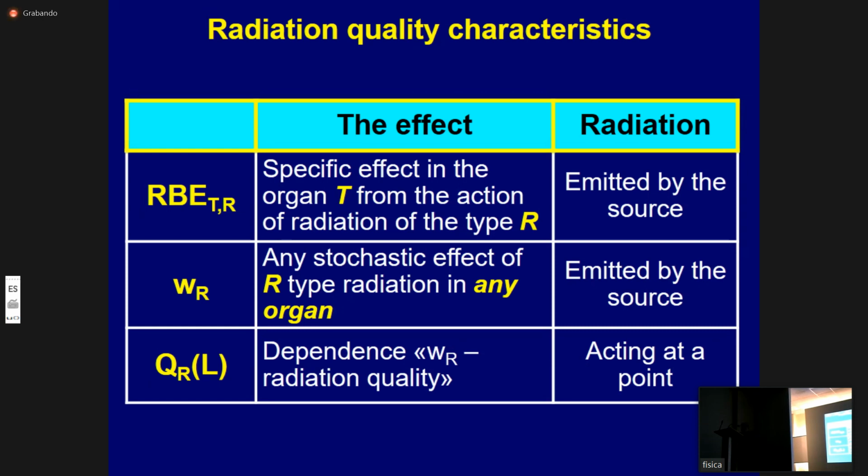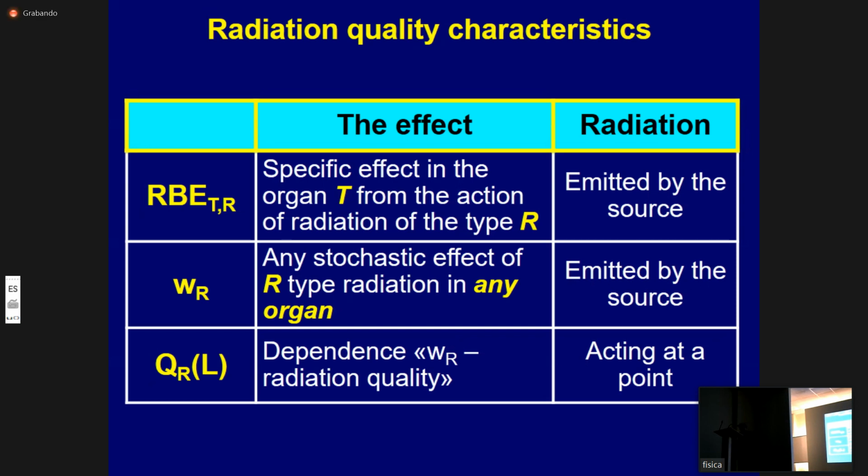The second one, WR, is used to evaluate the quality of radiation in relation to the development of any stochastic effects. It characterizes the radiation incident on the body, or in the case of internal radiation sources, the radiation emitted by the source from inside.